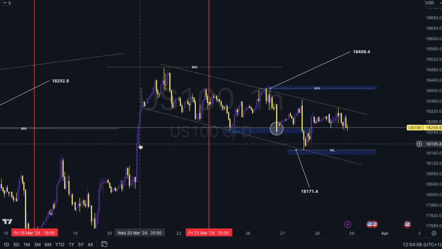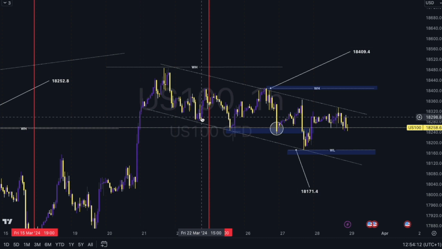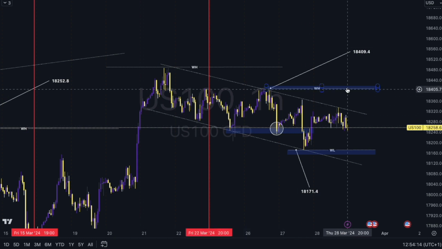It's fair to assume the next two that follow would be in the same kind of way. So if you get that kind of move up here, wait for that candle to close before you take that position. That would be my advice.